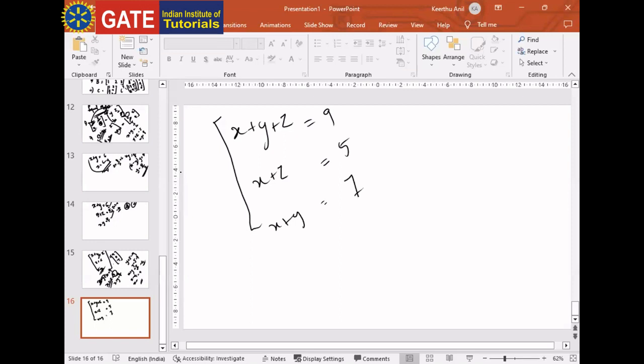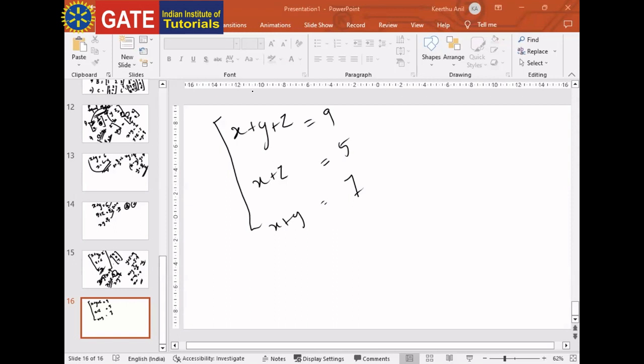x minus 4 equals 7. Here we got y equals minus 4. So if you take the y value in the third equation, x plus y, it becomes x minus 4 equals 7. If you take minus 4 to the other side, it becomes plus. So x equals 7 plus 4, which is 11. You are getting x is equal to 11.